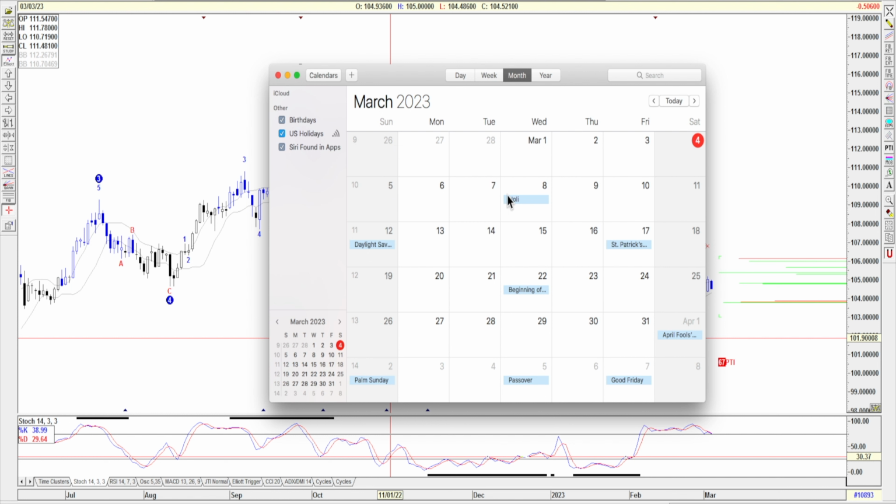So I wouldn't be surprised if we get a nice little squeeze and trap some bears, and then Thursday and definitely Friday, sell off. Those are the dates in regards to average return by weekly and by daily.